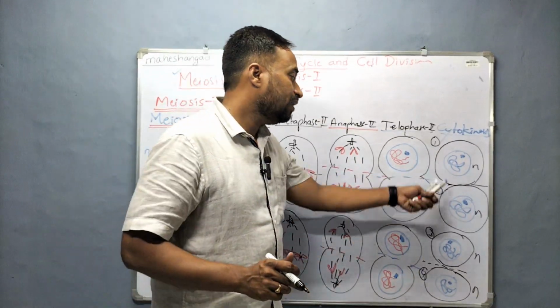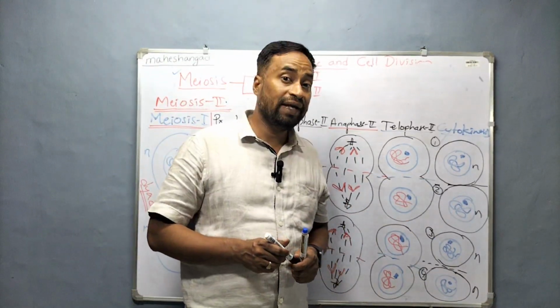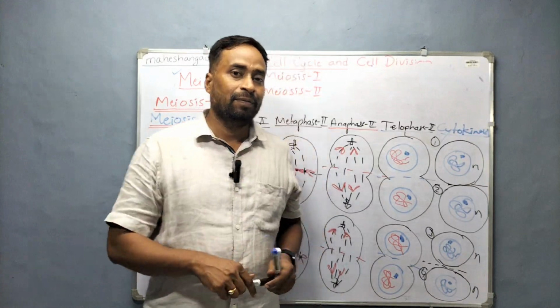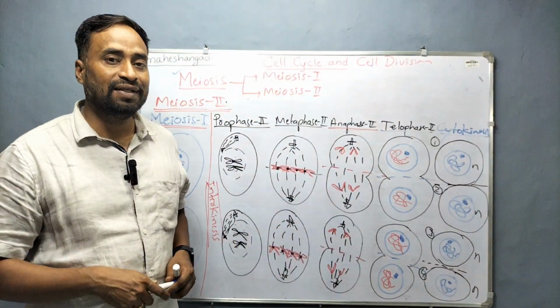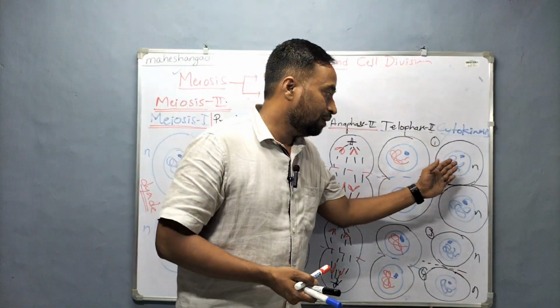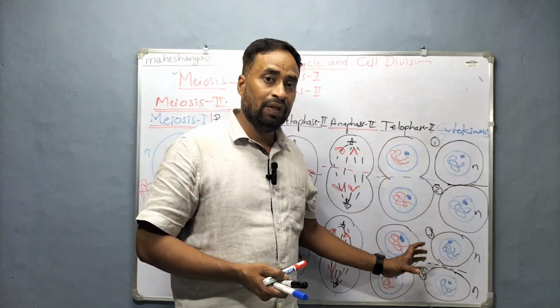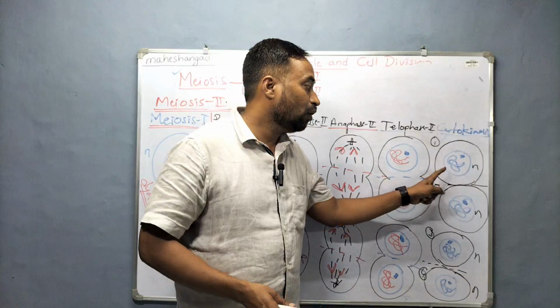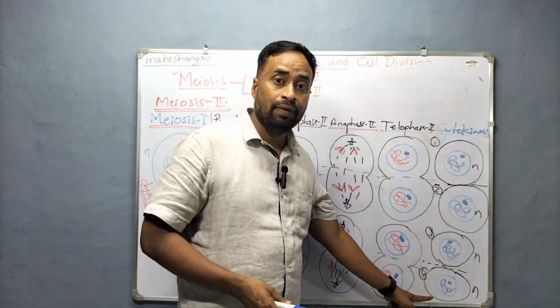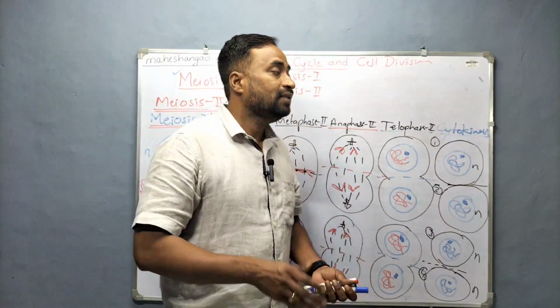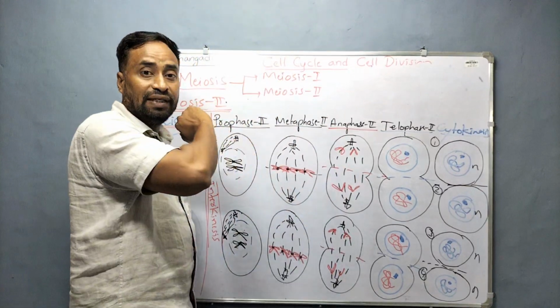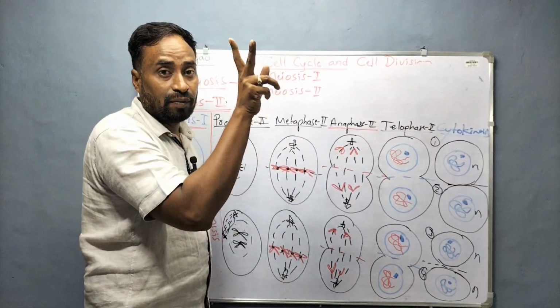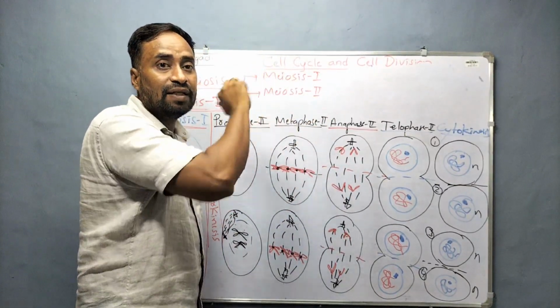Now tell me whether they are identical or non-identical. Think over it. Remember, they are non-identical. By the end of mitosis, two daughter cells are formed, exactly the same as the parent cell.